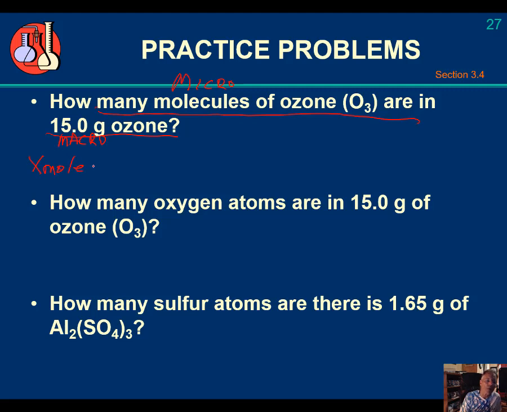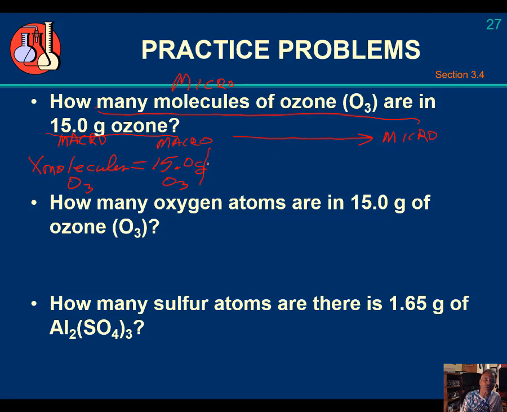We're going to write X molecules of ozone, and this is microscopic, okay? Molecules is micro. And then on the other side of the equal sign, 15 grams. And this is a macroscopic quantity. So you're going from a macroscopic quantity, and we will wind up with a microscopic quantity. So here we go.